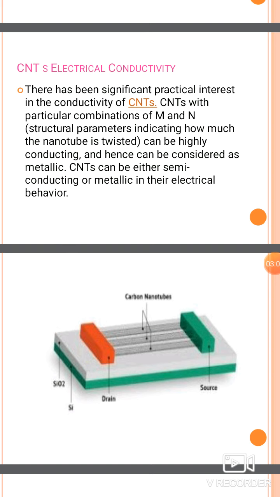CNTs can be either semiconducting or metallic in their electrical behavior. Before, we used only metal, but now we mostly use insulators, and on those insulators we just coat carbon, so automatically it has high electrical conductivity. At the same time it is not a metal, so it is a benefit.